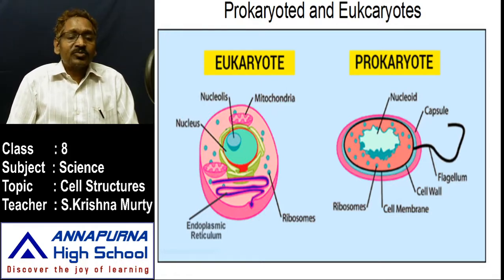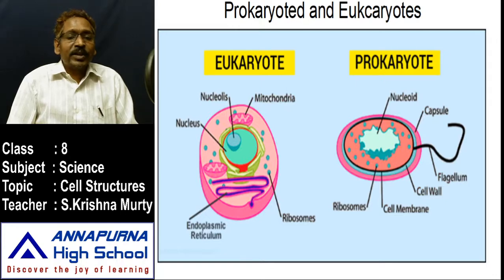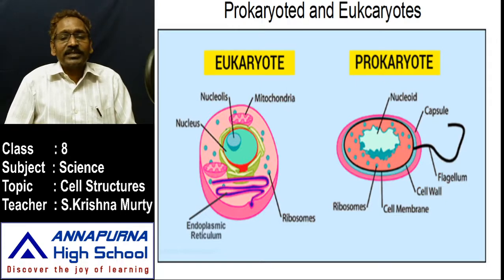In an earlier class we learnt about the functions of the nucleus. So according to the nucleus, we can conclude those bodies that have a nucleus are eukaryotes. Those bodies that do not contain a nucleus are prokaryotes. What is an example for prokaryote? Bacteria. Bacteria do not contain a nucleus. So in prokaryotes, there are no well-defined organelles.